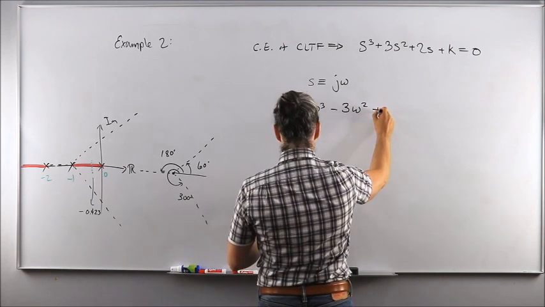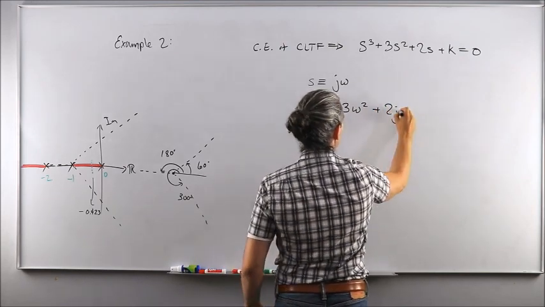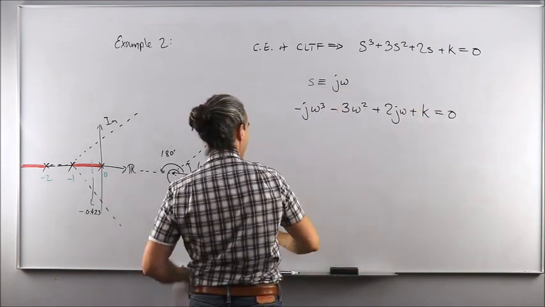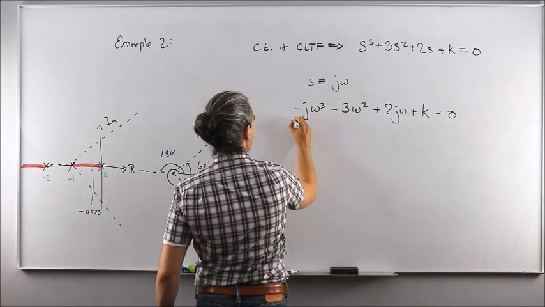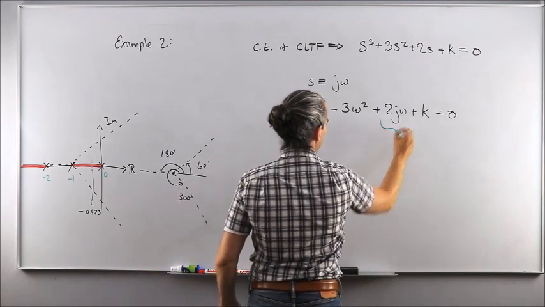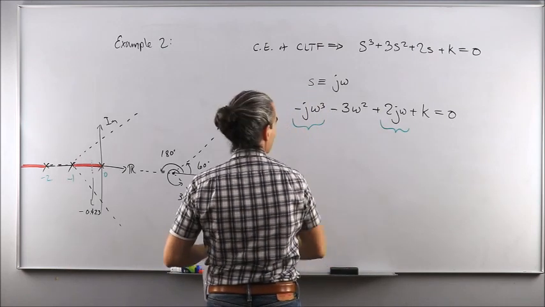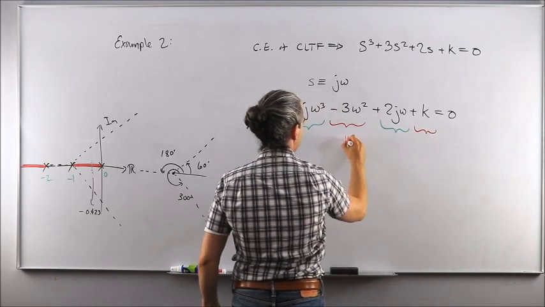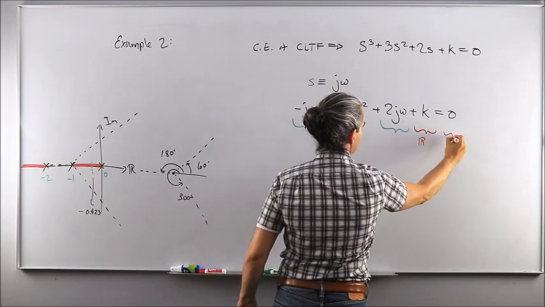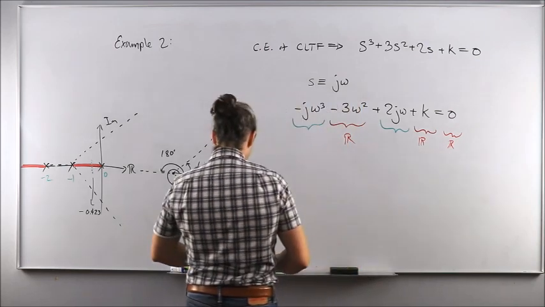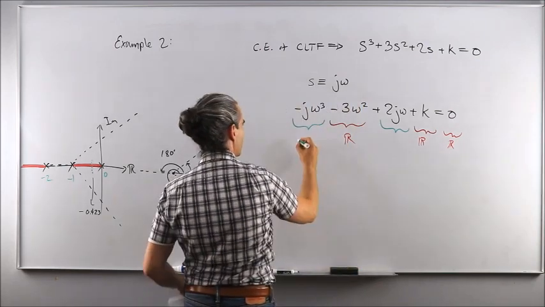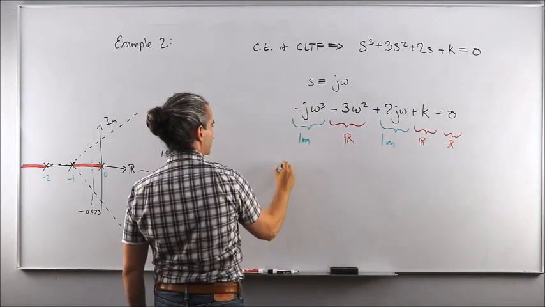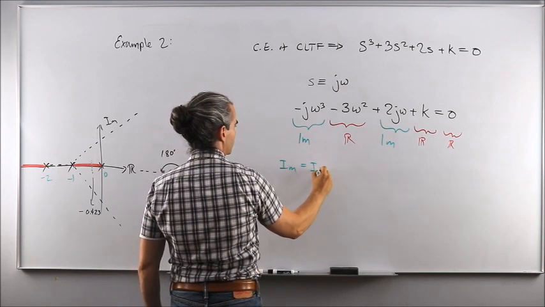Here we're going to get plus 2 j omega plus k equal to 0. And now you have imaginary terms and real terms in that equation. Okay, this is real, the 0 is obviously real on the other side, whereas the j terms are your imaginary terms in that equation. So the trick is then to say imaginary equal to imaginary.